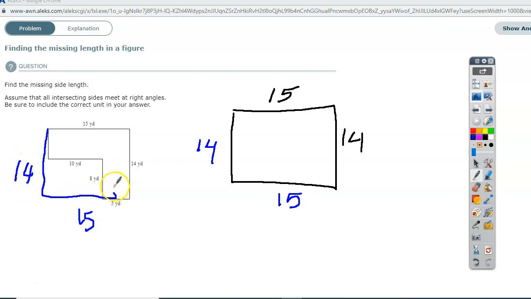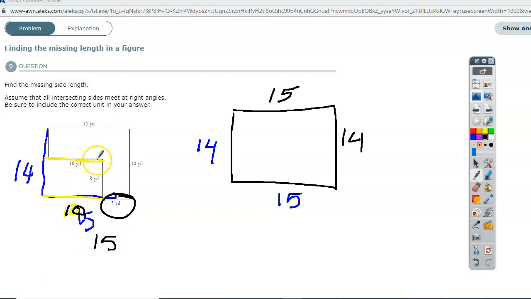So what we want to do is look at what we have right here. This is 10, and because it's going in the same direction as this, that means this is 10. And then doesn't this 10 plus this 5 equal 15?